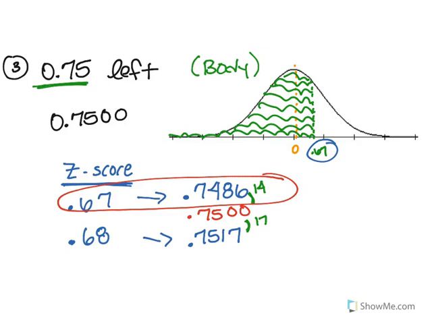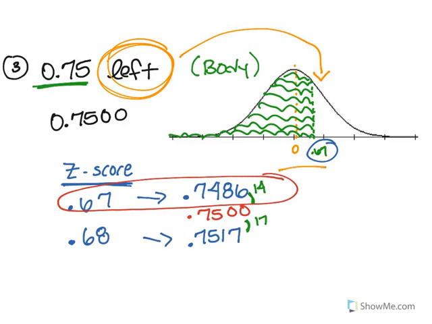So you have to start on the opposite of the direction they gave you. If they want the majority of this bell shaded towards the left, I had to begin on the right side in order to go to the left 75%. So that means that our z-score would be positive 0.67.